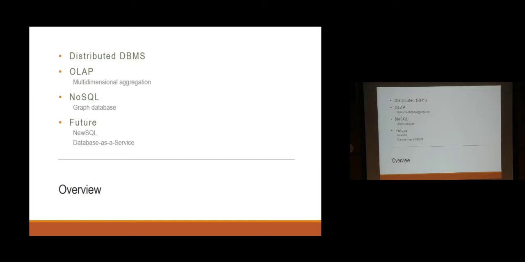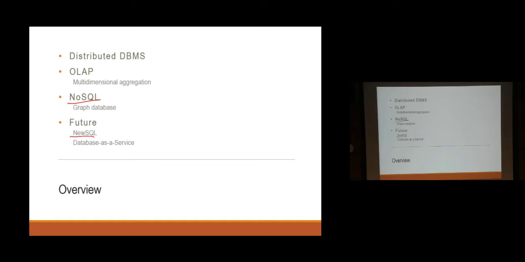It uses slightly different mechanism, but one of the main improvements is on the multidimensional aggregation. Now, the latest trend are two things. One is the NoSQL and the NewSQL. The major difference between them is that NoSQL came first, and the NewSQL is kind of like the SQL answer to NoSQL.